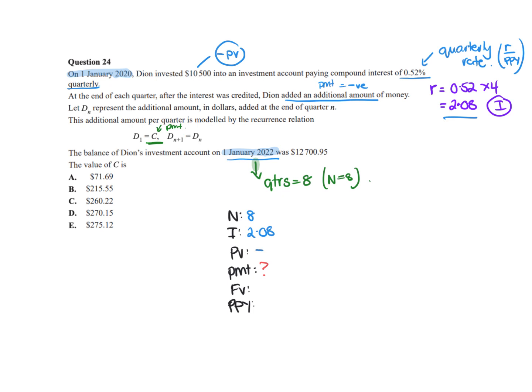And we know he invested 10,500, and we know after 8 quarters he had that final value here. So that's a positive. And we know PPY is 4. So once we do that, we get negative 215.55, and that's because he's adding an additional. So this B will be our answer.